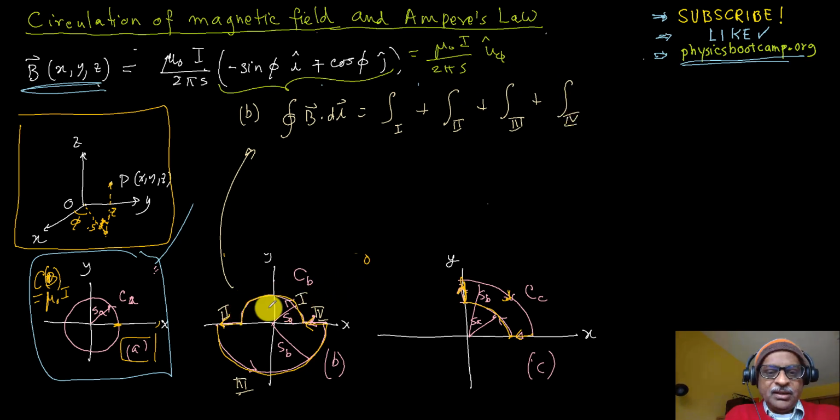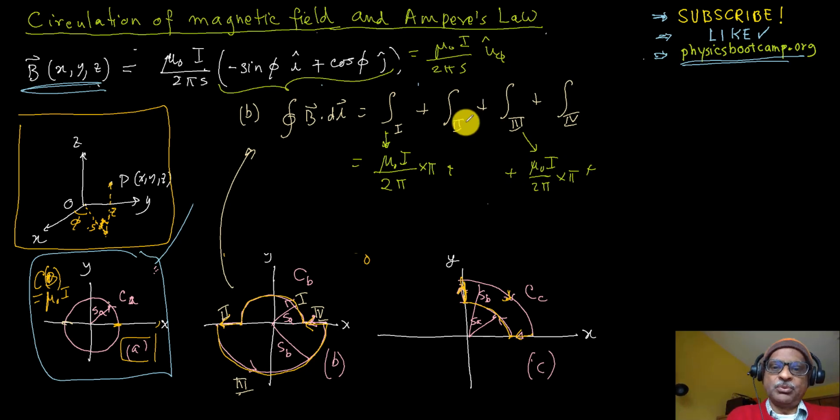So over 1 it is going to be almost like this, but only going 0 to pi, so I don't need to repeat the work. So this will simply be mu naught I over 2 pi times pi, and 3 will be mu naught I over 2 pi times pi.